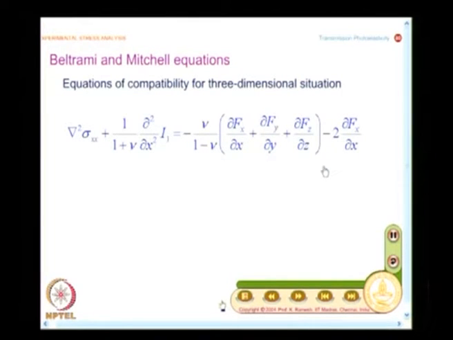What strikes you immediately when you look at this expression? First, it is long, very long expression than what you saw in two dimensional situation.